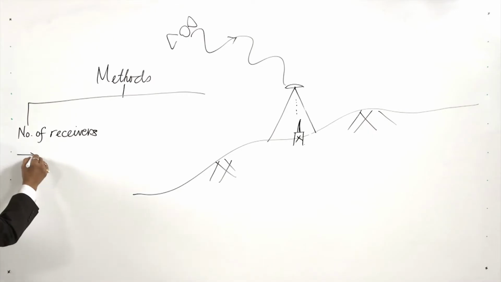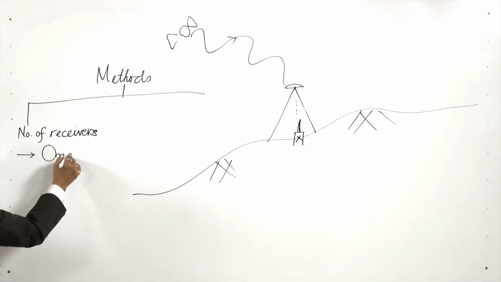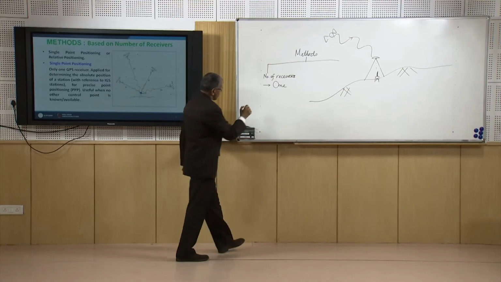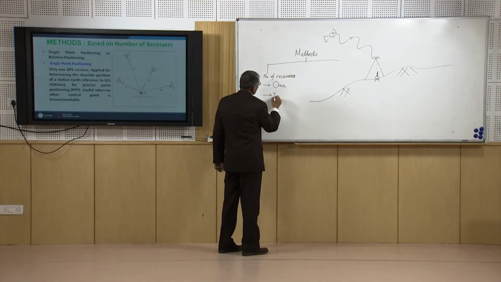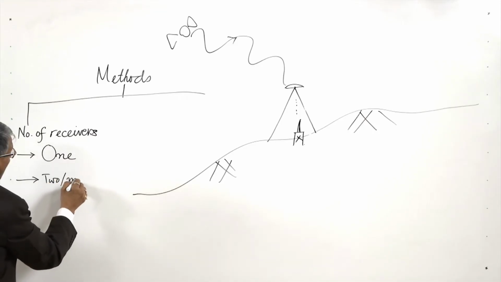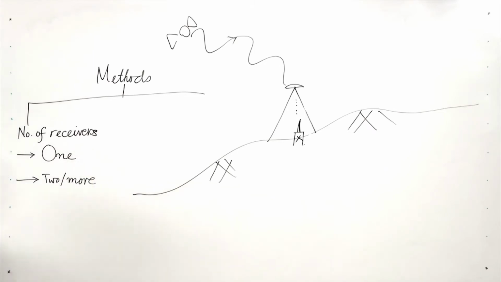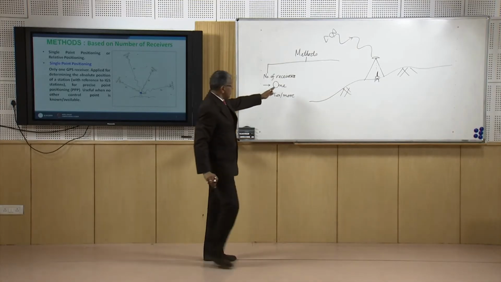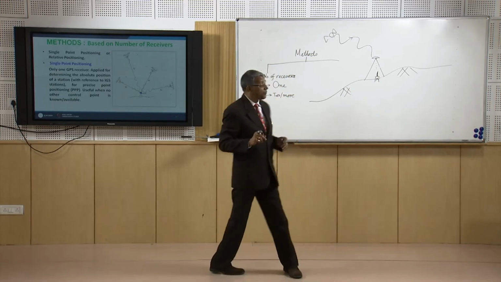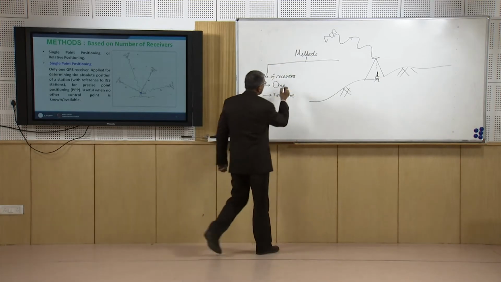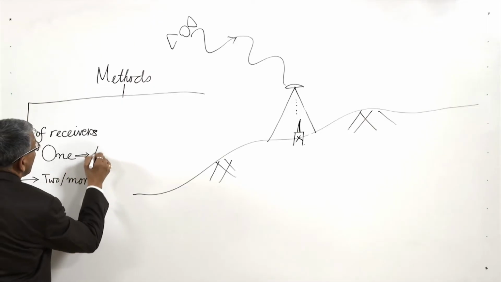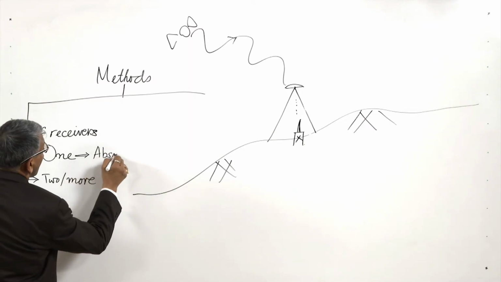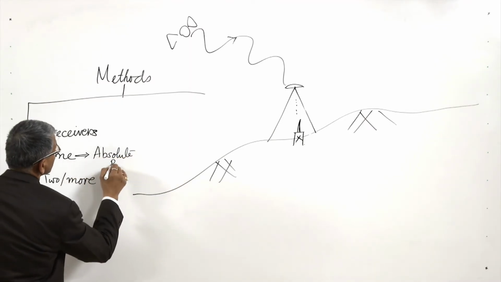Basically it may be only one receiver or it may be more than one, two or more. When there is only one receiver used for establishment of a control point, we call it absolute positioning.